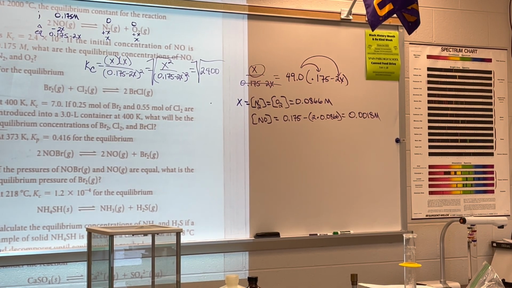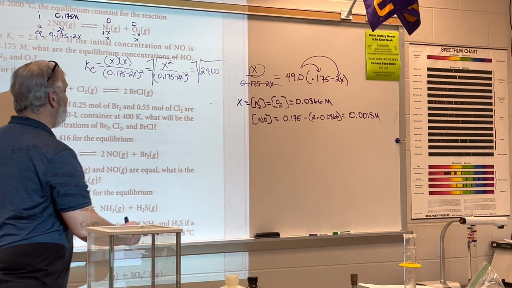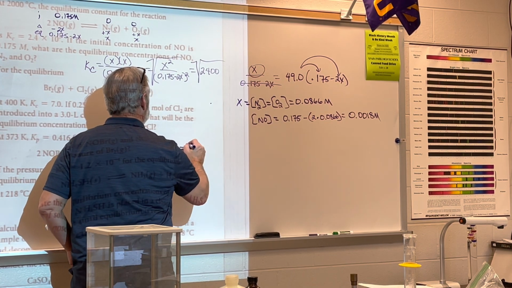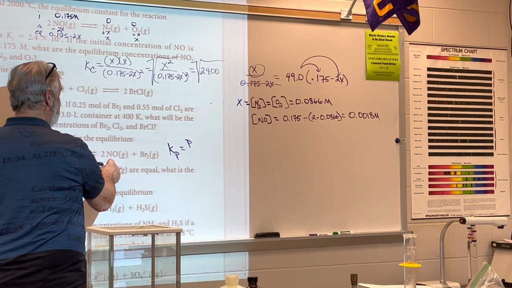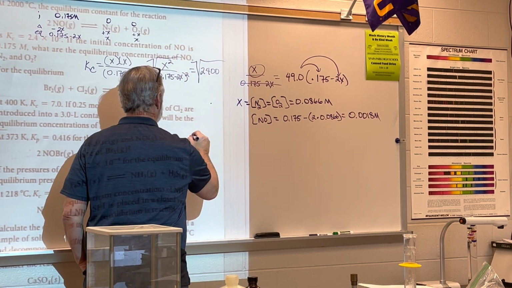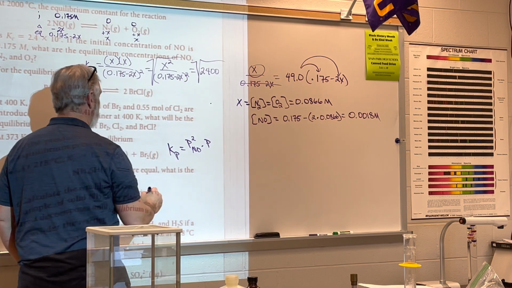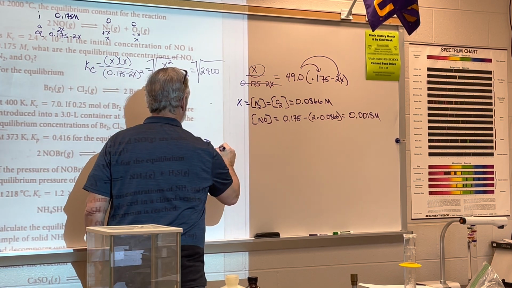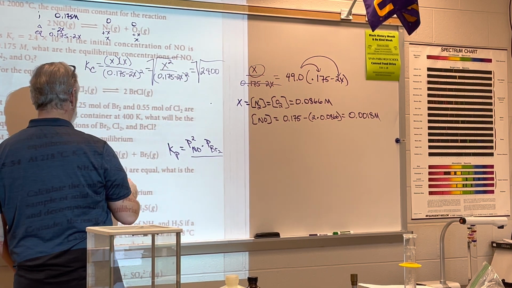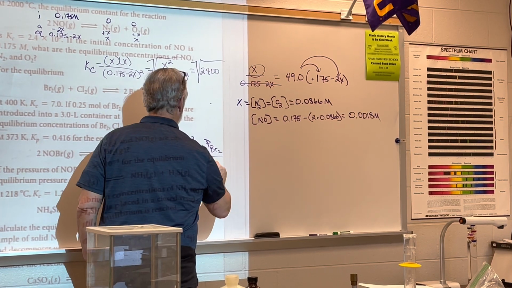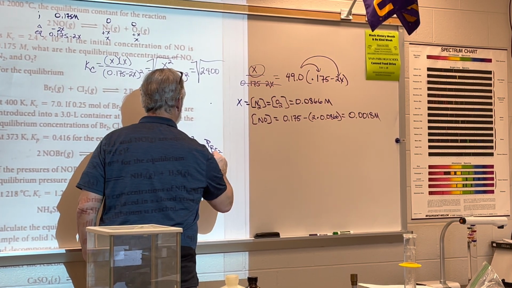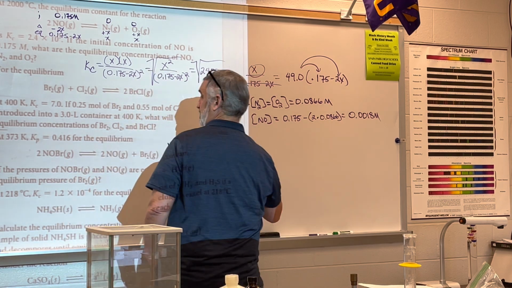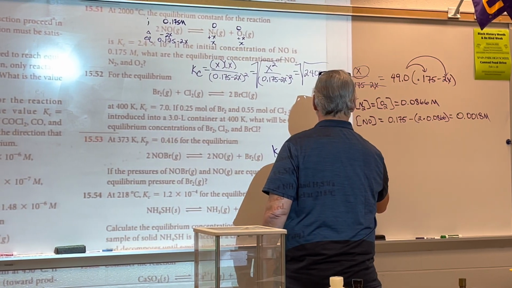Okay? So, Kp is given as this. If the pressure of NO and NOBr are equal, what is the equilibrium pressure of Br2? So Kp is going to equal the pressure of the NO squared times the pressure of the Br2 divided by the pressure of the NOBr squared is all going to equal 0.416.